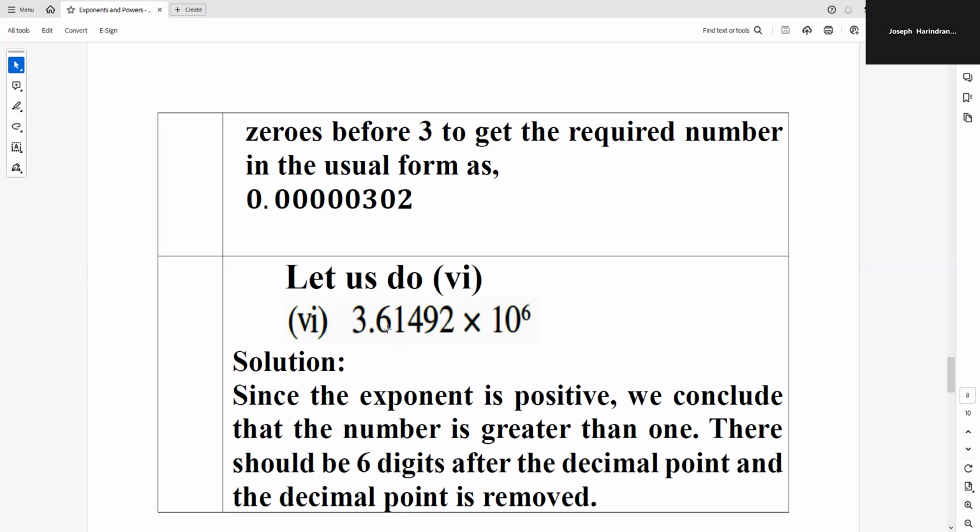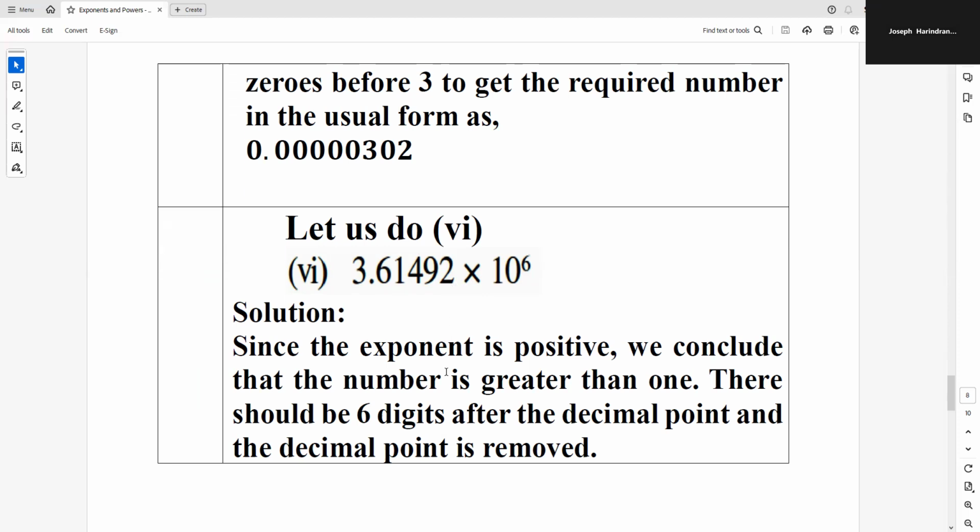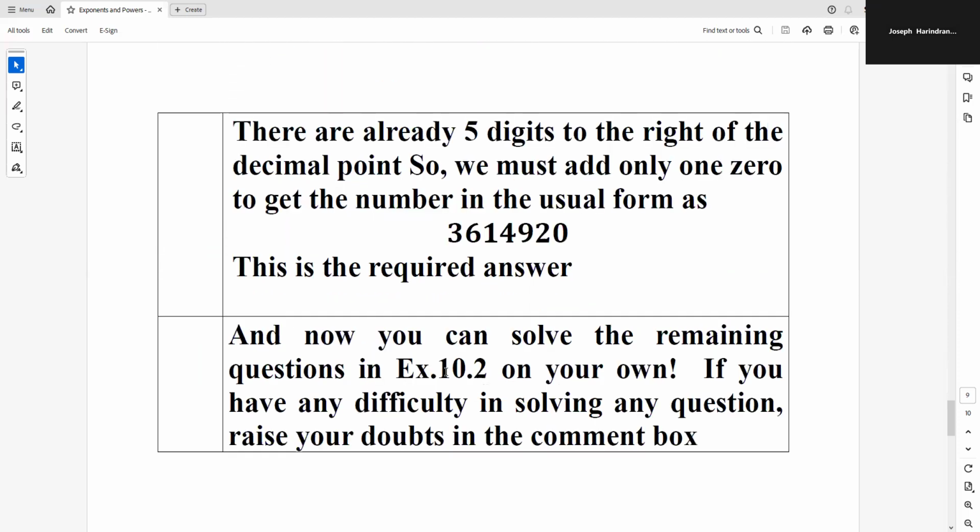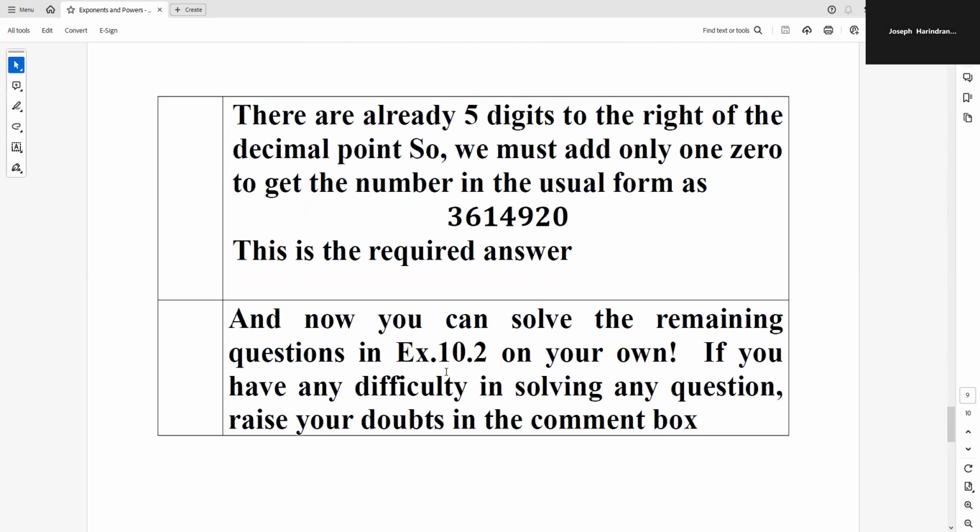Let us now fix that. Already there are 1, 2, 3, 4, 5 places to the right of the decimal point. We just have to add one more 0. That's all. So what we do is, already there are 5 digits to the right of the decimal point, so we must add only one 0 to get the number in the usual form, because there should be 6 places for 10 power 6.